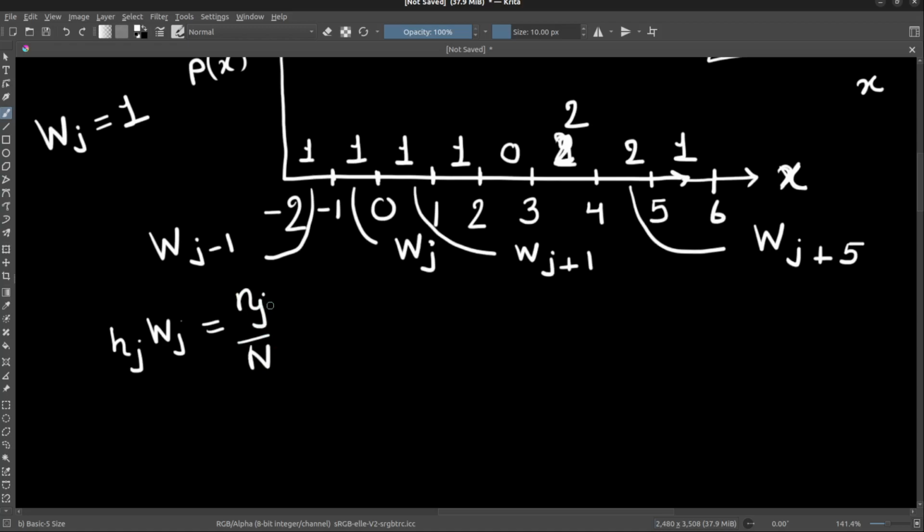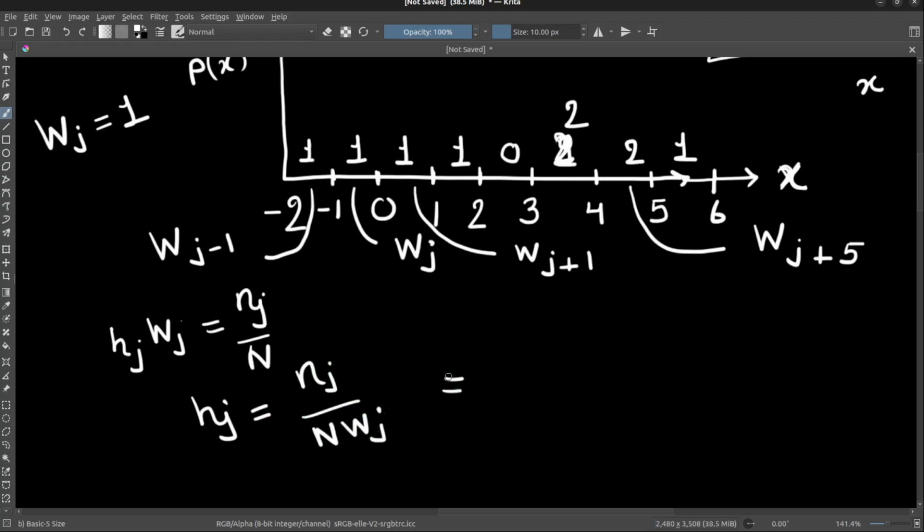Means nj is the number of points lying in the jth bin divided by the total number of points, equals height multiplied by width of that bin. Okay, so hj I can write as nj upon n into wj.